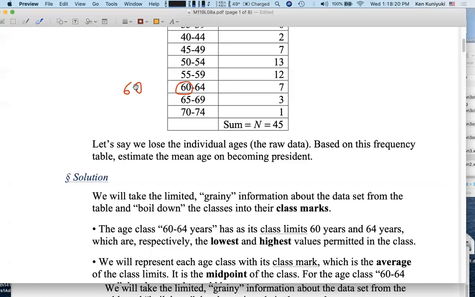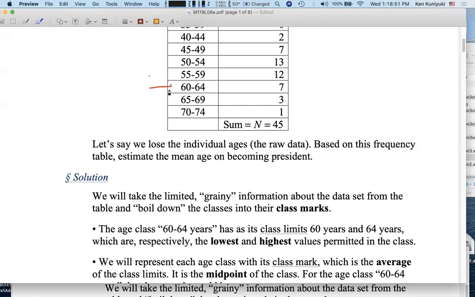On the other hand, if we use 64 as a common age, if we assume that all 7 presidents here were 64 years old when they became president, then we would be biasing the data on the high end. If we take the upper class limit, it's likely that we'll be obtaining overestimates for the sum and then the average. So instead of taking the lower limit, 60, or the upper limit, 64, what might be more reasonable?